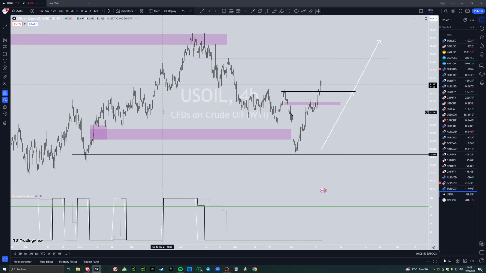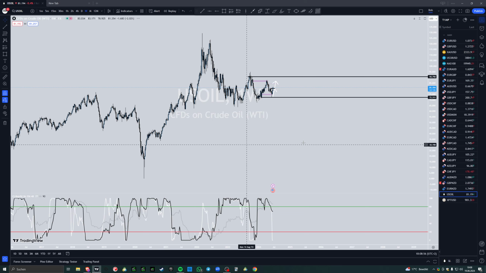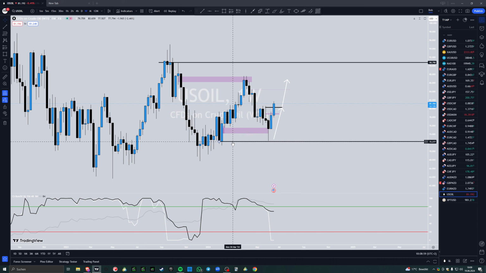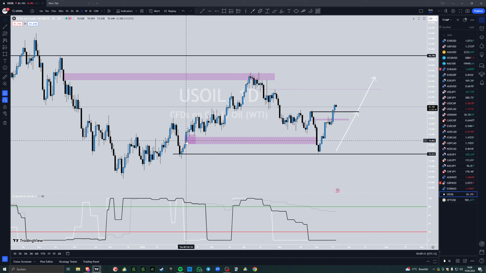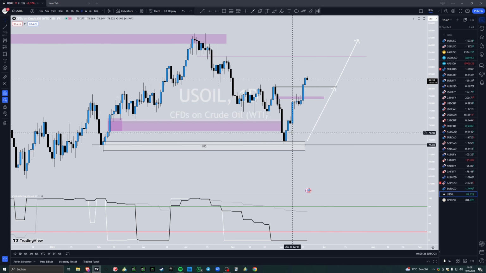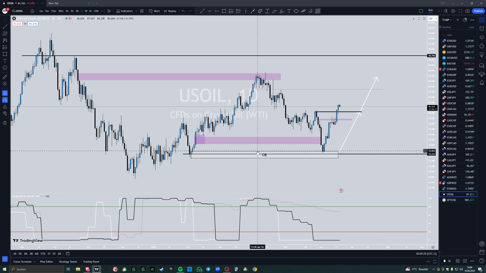Ooh, what do we have here? So, a few weeks ago, I anticipated that oil, so on the daily, we had this internal imbalance to fill. We did. We then reached this order block down here perfectly. And then I was expecting, so fundamental data said bearish all the way.